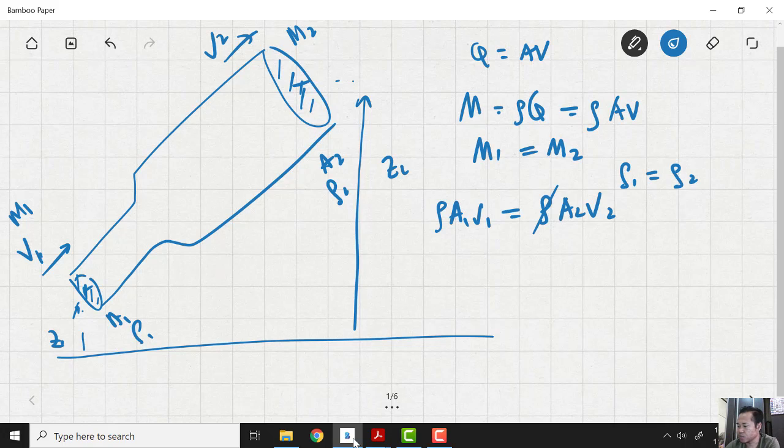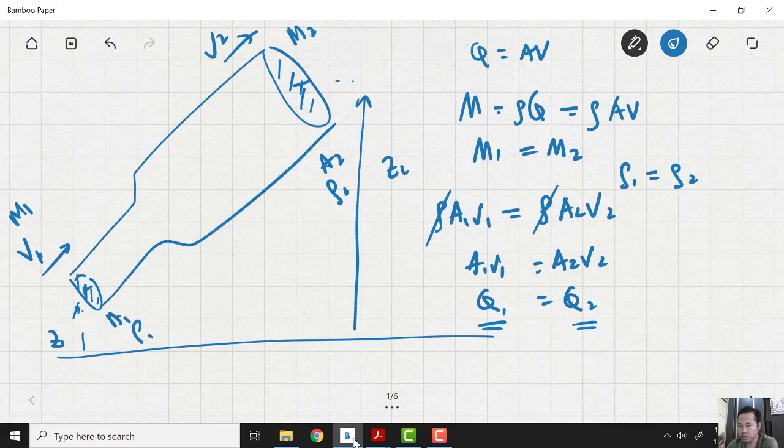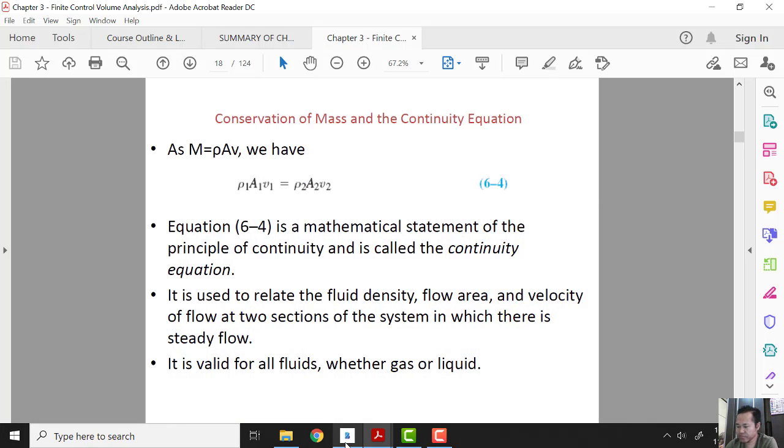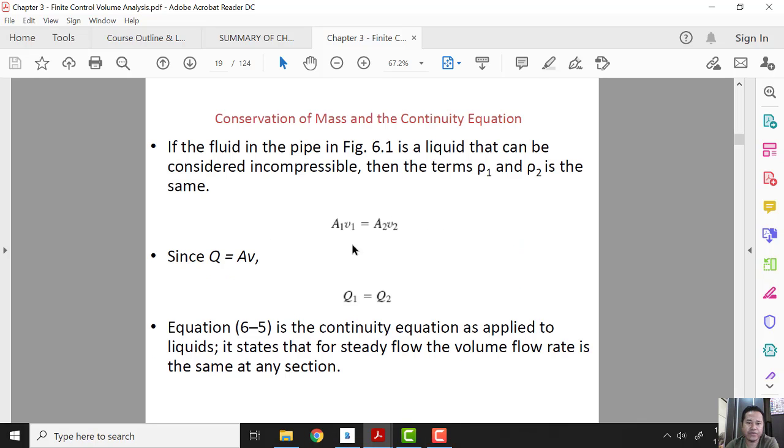So we can cancel out the rho and we get A1 V1 equal to A2 V2, and then Q1 equal to Q2, which means that the volume flow rate is also conserved. Since Q equals AV, Q1 equal to Q2, this equation we call the continuity equation.